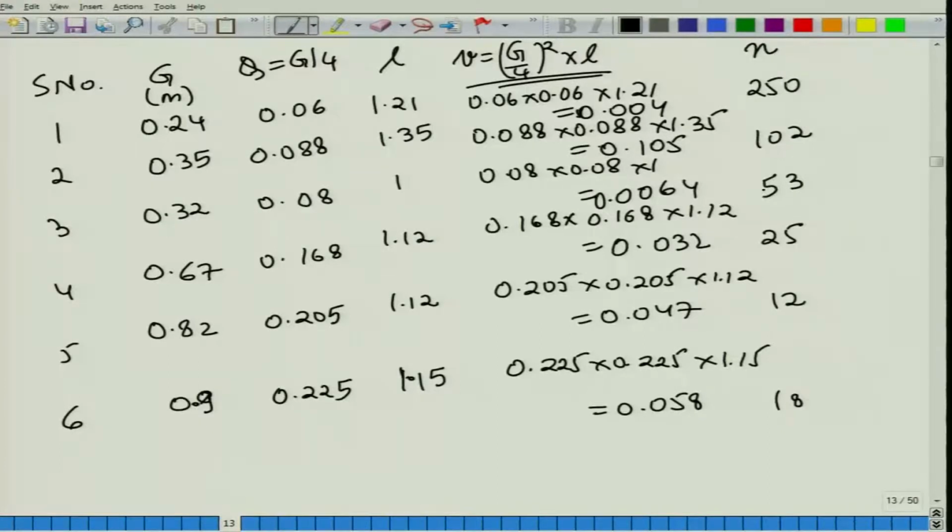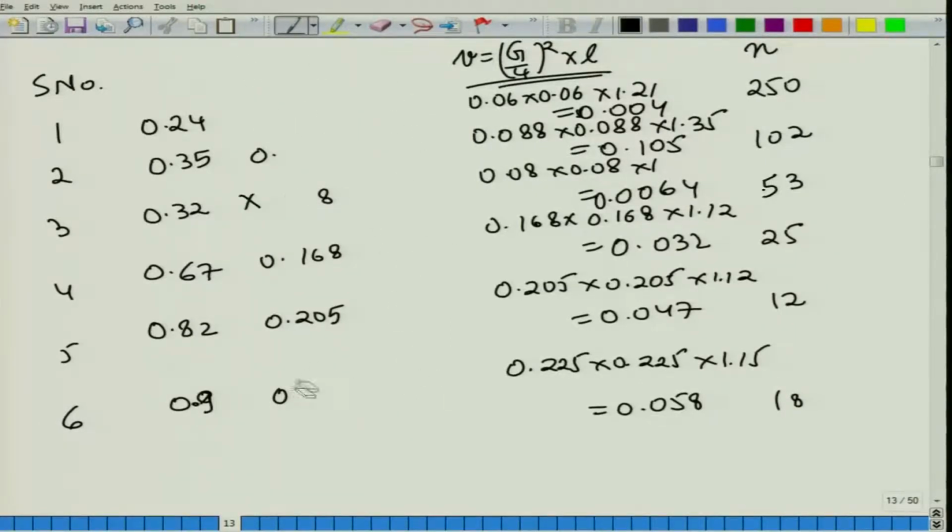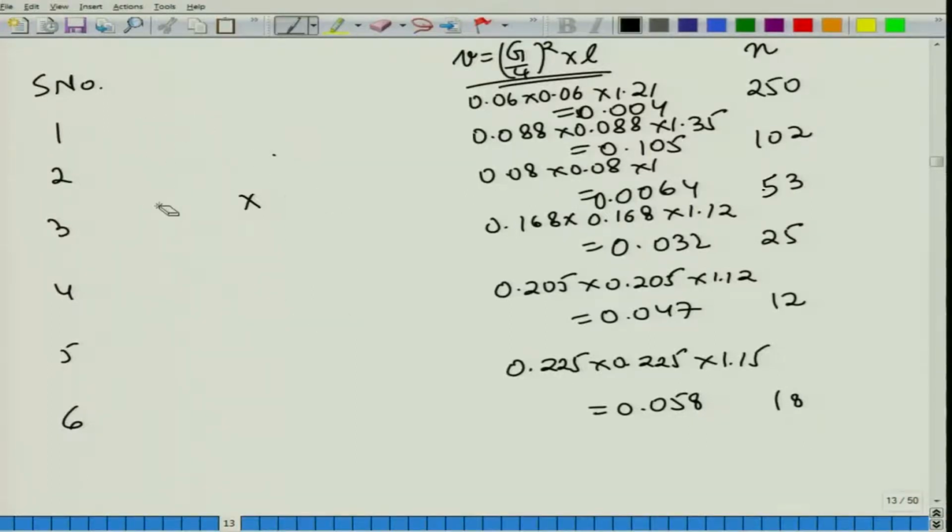So, now let us remove this first part, and we have already computed V and N. So, next we will have capital V in cubic meter, which will be given by this small v into small n. So, for the first one it will be 0.004 into 250.